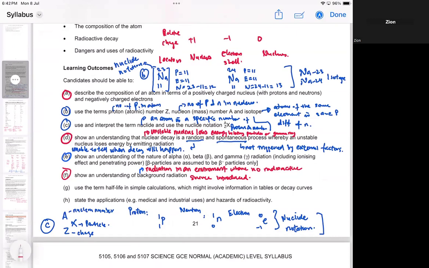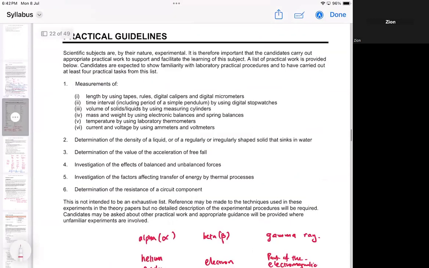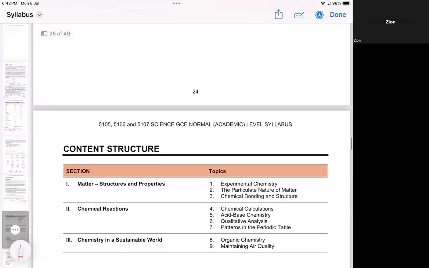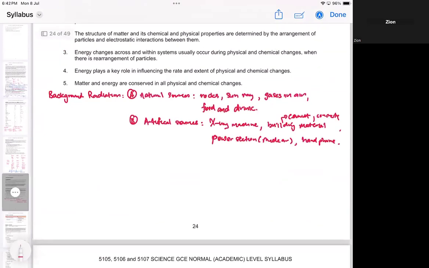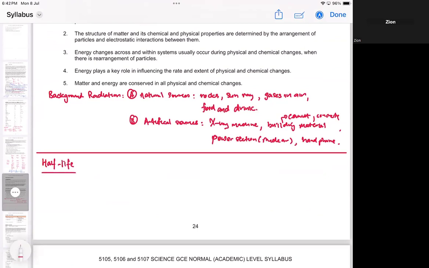Okay, what do you understand by half-life? What's your understanding? Is it that the particles decay, right?